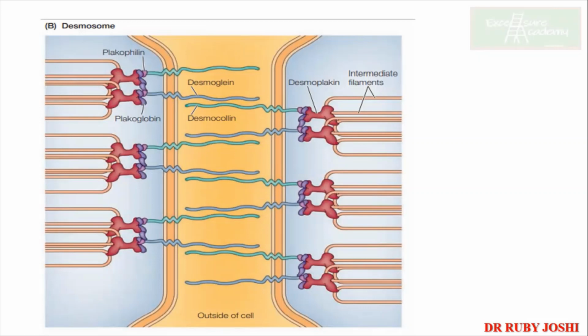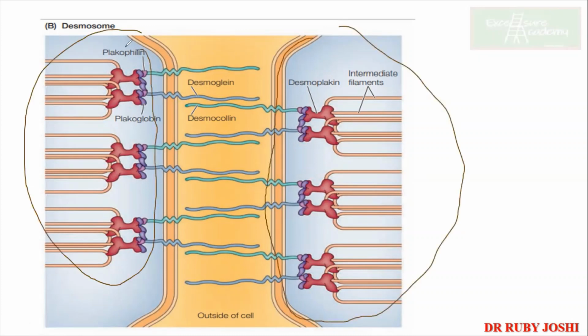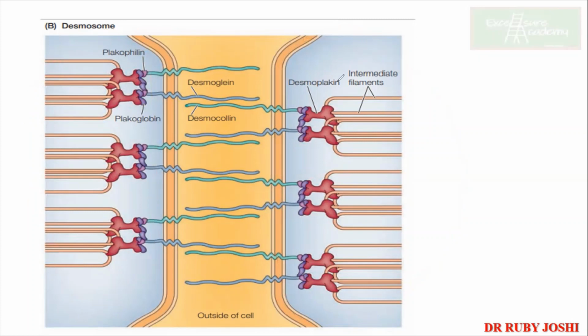Okay, now what are desmosomes? So desmosomes are between two adjacent cells. Okay, so this is one and this is another and this is outside of the cell. I hope you're getting it right. So this is one particular cell like this. This is another cell. Now, what do we see in the desmosomes? The two cells are making connections. Like how? So desmoplakin. Okay, desmoplakin has both desmocollin and desmoglein.